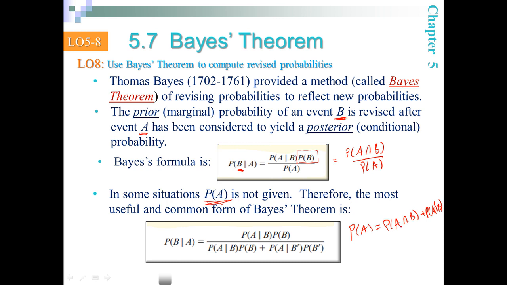And so those two intersections give us the entirety of the probability of A, and we can write that as the probability of A given B times the probability of B plus the probability of A given B complement, sorry, that should be B complement up there, times the probability of B complement.